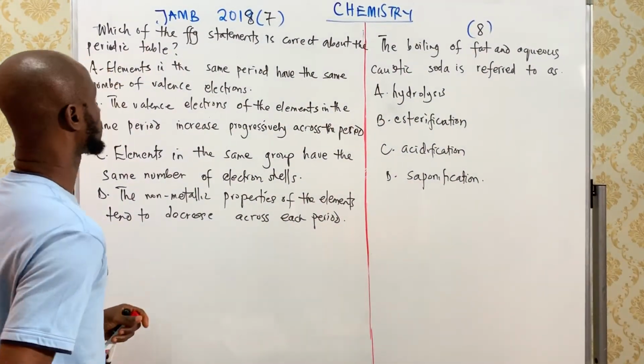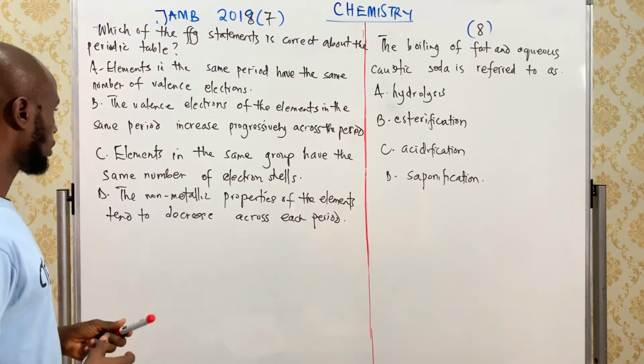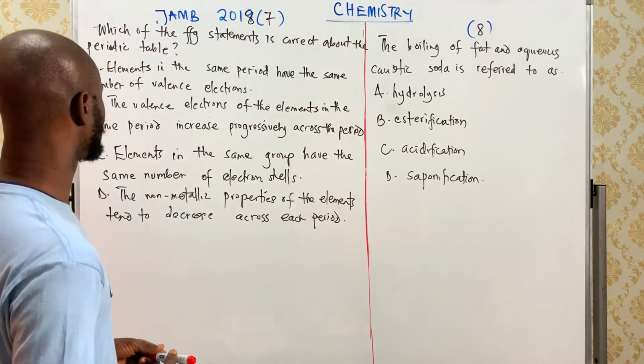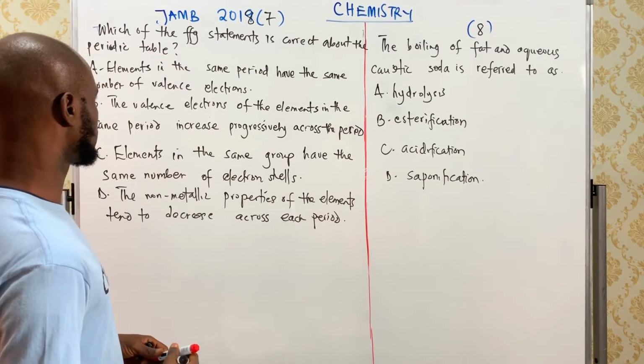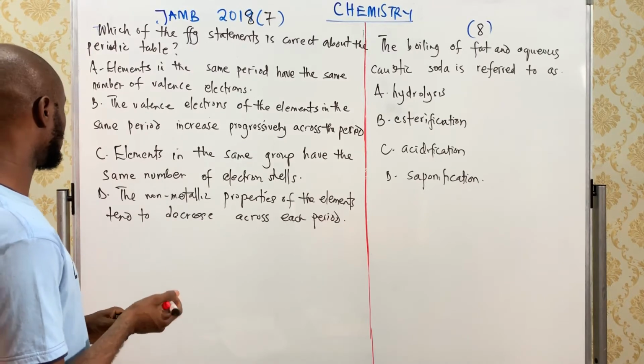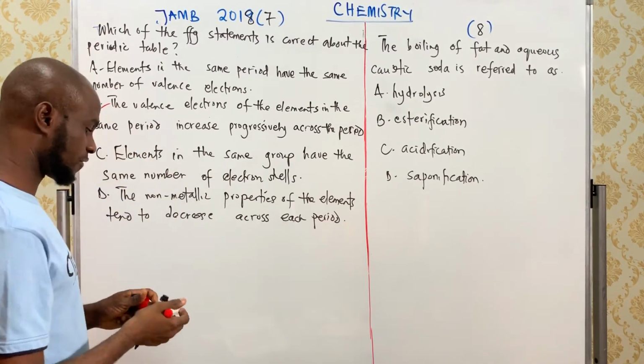Let's look at the next question. Which of the following statements is correct about the periodic table? The valence electrons of the elements in the same period increase progressively across the period. Yes, this is the answer, and we have to prove it.